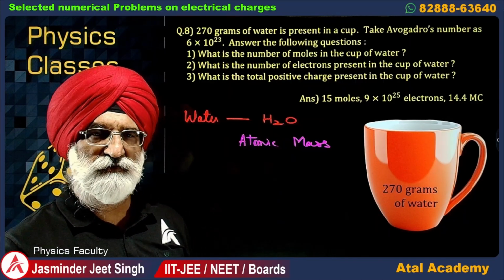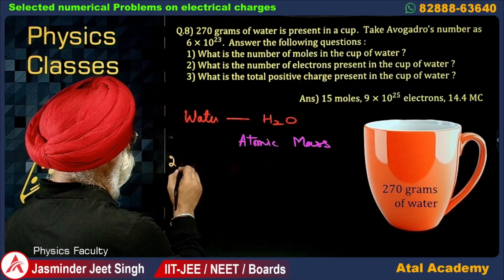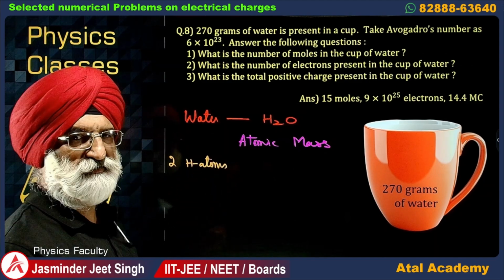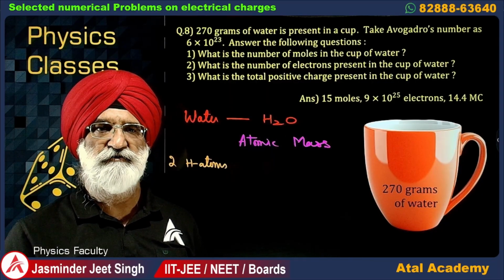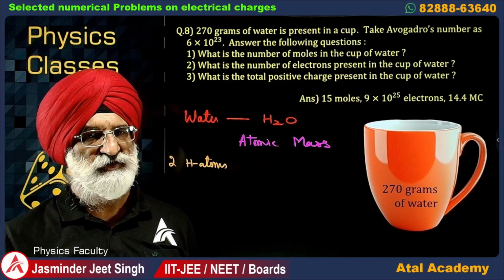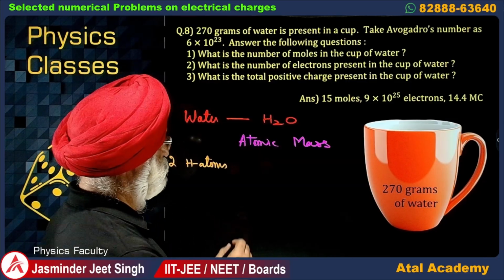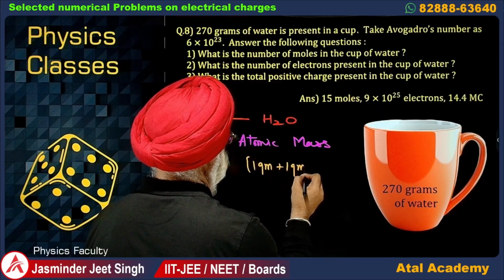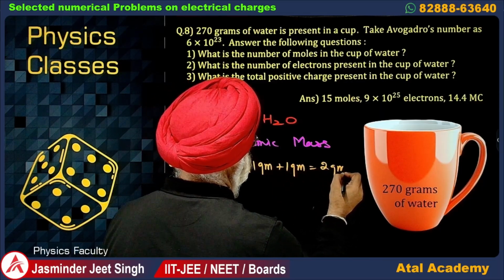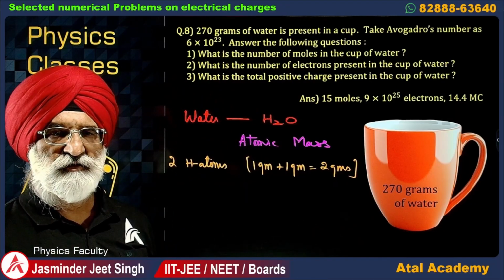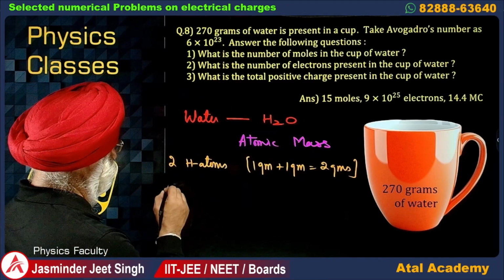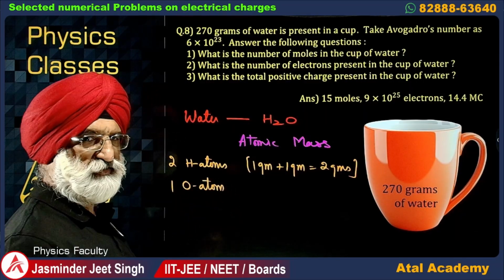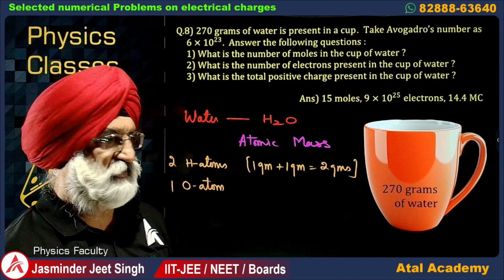If it is two hydrogen atoms, the atomic mass of hydrogen atom is 1 gram. Since there are two atoms, it will be 1 gram plus 1 gram, which is equal to 2 grams. And there is one oxygen atom. The atomic mass of oxygen atom is 16 grams.